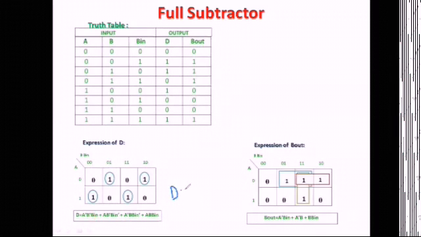D is equal to A XOR of B XOR of B in. You can write it like this.